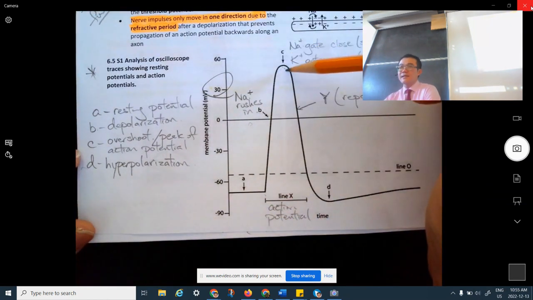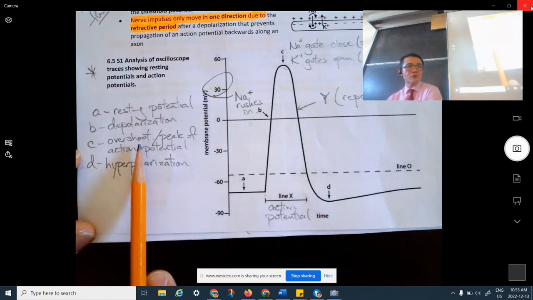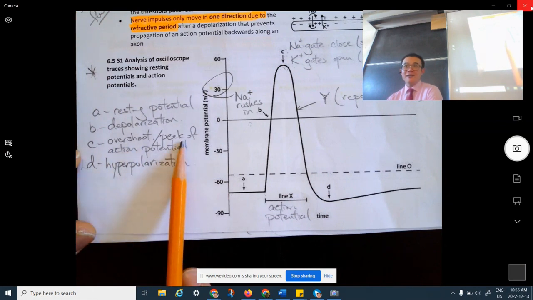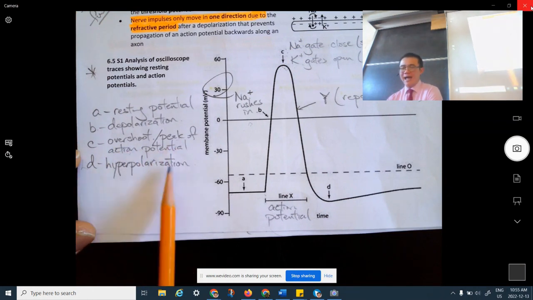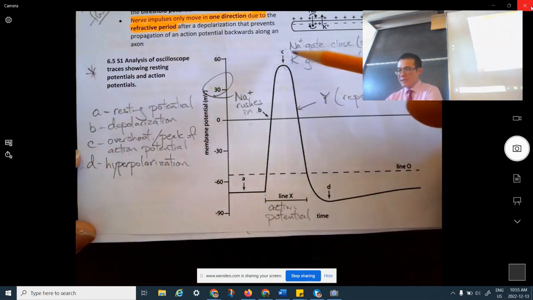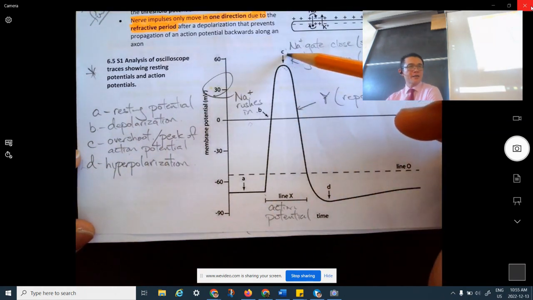Now part C here, in the video, they call it overshoot. Since the video is made by Harvard, I'll keep that. The textbook calls it peak of action potential. So C is either overshoot or peak of action potential.